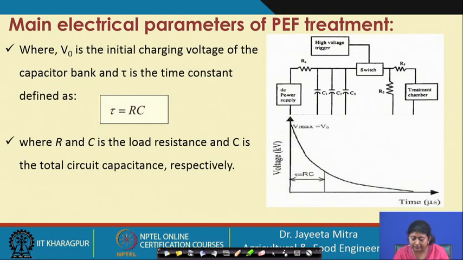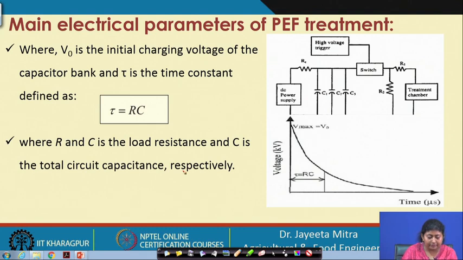So, this is the DC supply and this is a resistor. There is a capacitance where we have stored this energy, and then there is a switch; when we put on the switch, it goes to the treatment chamber, and the high voltage passes through the food. Okay. And this is the V 0, the initial high pulse, and then it decays exponentially.